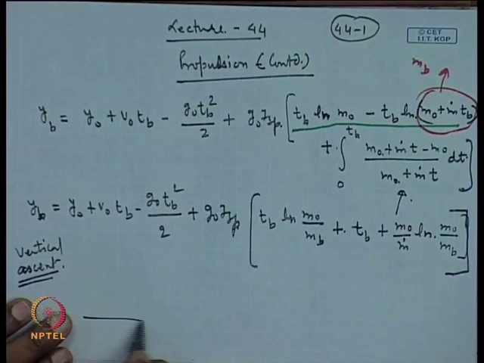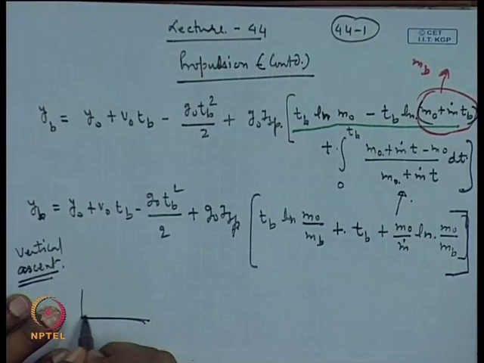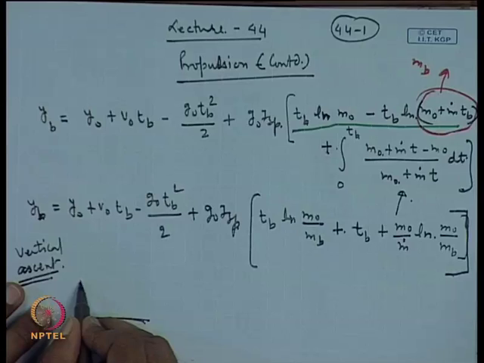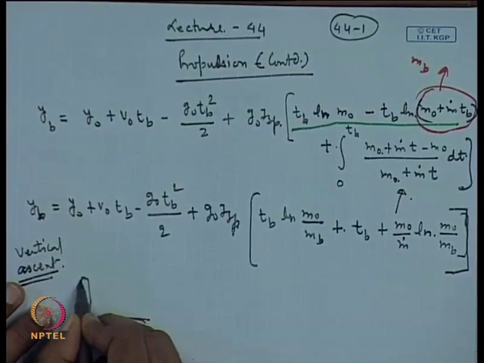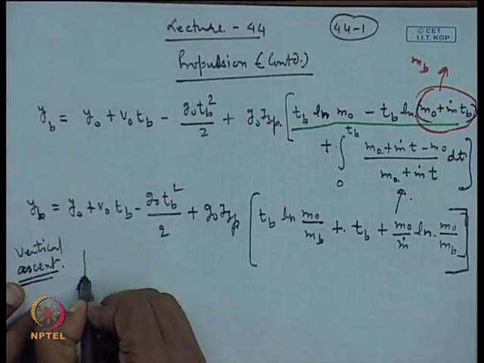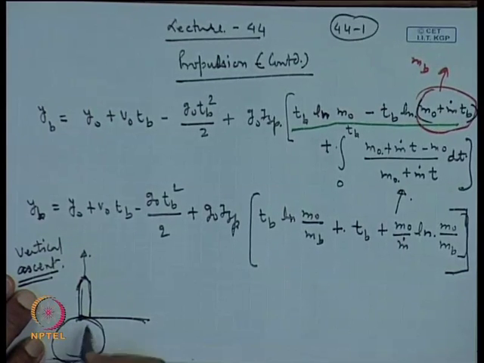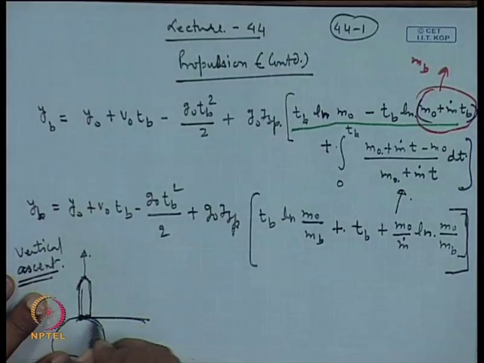Irrespective of this, if you assume that the rocket is being launched from this place, the rocket in vertical ascent will keep ascending vertically up once it leaves the surface of the earth. If it is on the equator, you know that there will be a velocity toward the east.